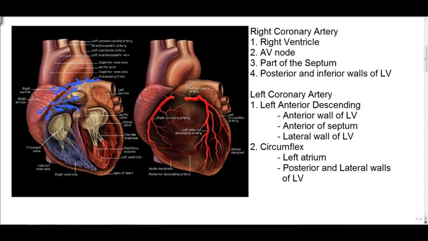From the initial discharge, the electrical depolarization passes to the next node, called the AV node, or atrioventricular node. Here, it slightly pauses, but then passes the depolarization down into the ventricles through a branch called the bundle of His. The bundle of His is like the highway from the atria to the ventricles. Once the bundle of His is depolarized, it passes the discharge to both the right and left ventricles.